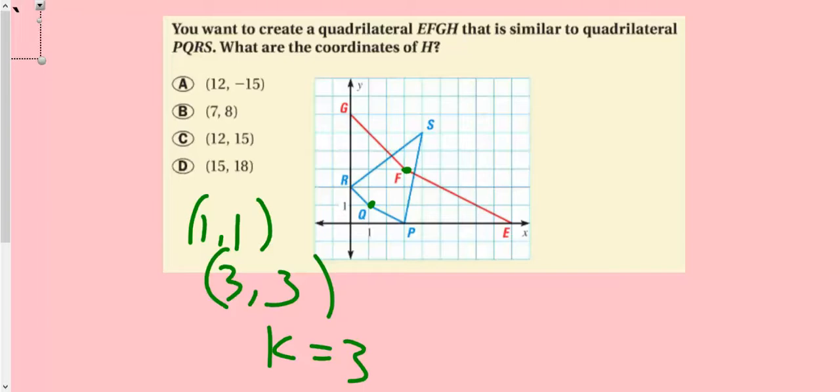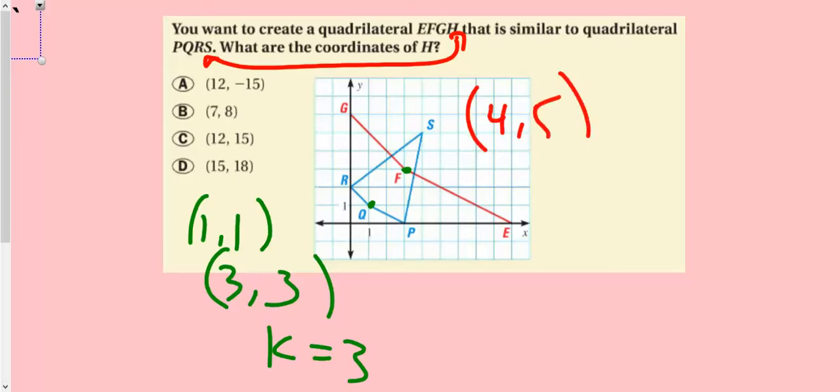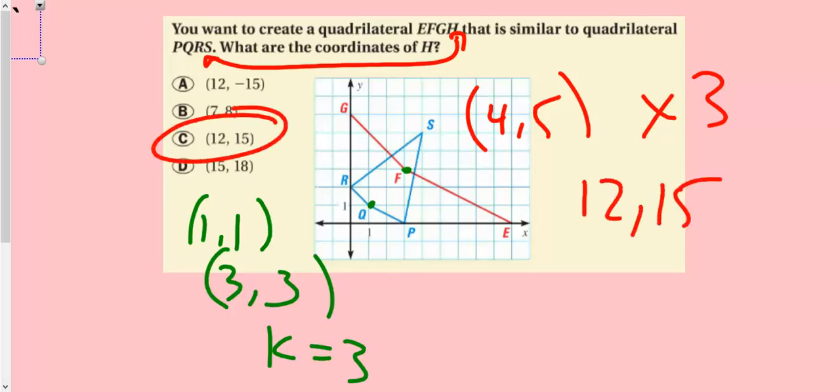Okay, now H matches up with S. So what I want to do is find S, which is (4, 5). And then I'm going to multiply that by the scale factor of 3. So we have (12, 15). That is where H is going to be.